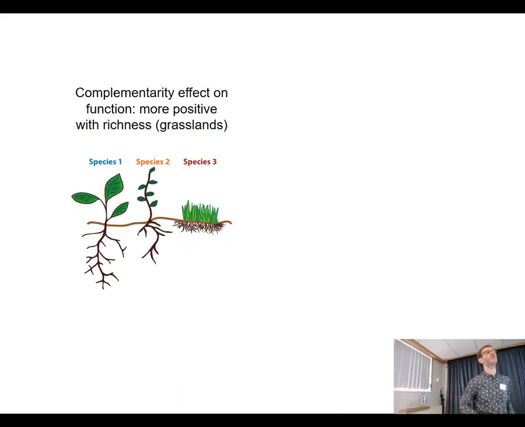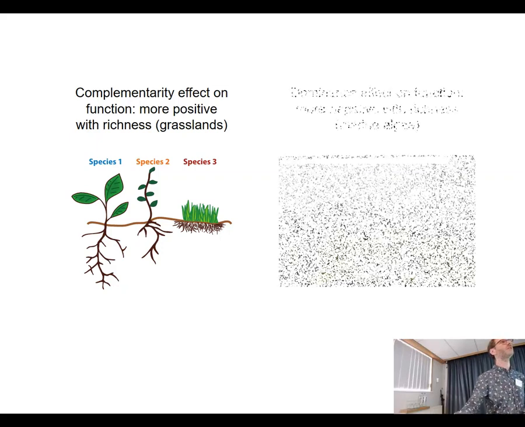Well, the main difference is that in the grasslands, positive complementarity is a key effect of biodiversity on function. The more species you put together, the more likely it becomes that these species will have different traits, for example rooting depths, that allow them to maximize the amount of nutrients they can take up and convert into biomass.